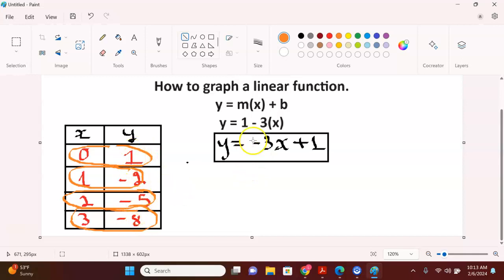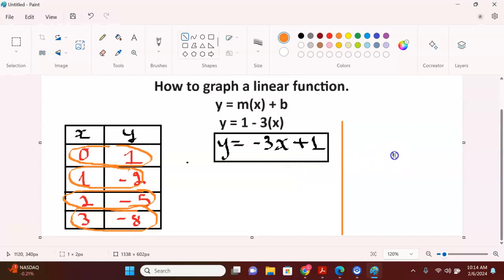And as I look at my function, y equals negative 3x plus 1, I knew right away that the slope is negative 3, so the line is going to go down from left to right. It's going to look something like this. I'm only going to focus on my fourth quadrant, because the x is all positive and the y only goes up to 1 and all the way down to negative 8.